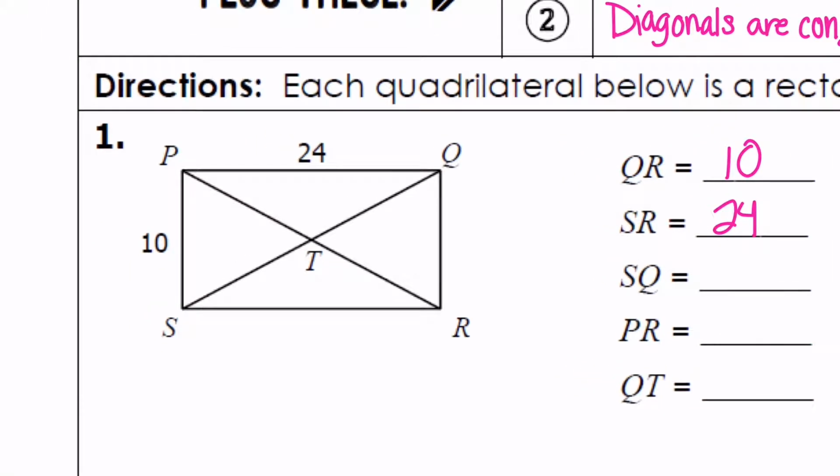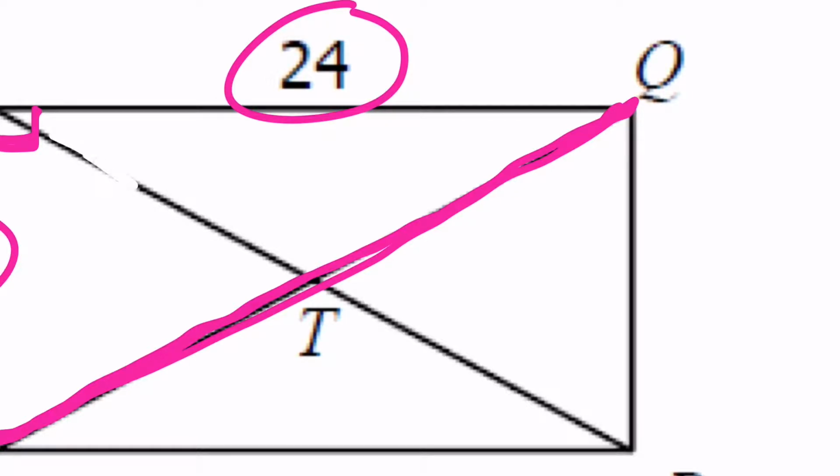So notice how we know these 2 sides. And we know that this is a right angle because it's a rectangle. Okay. My diagonal cuts this rectangle into 2 triangles, essentially. Let me see if I can white out this diagonal here so you can see kind of what I'm talking about.